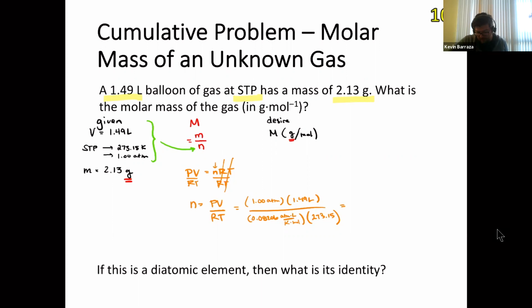So we're going to plug that into our calculator. 0.06647. And our significant figures end here. But we're not done with the problem.